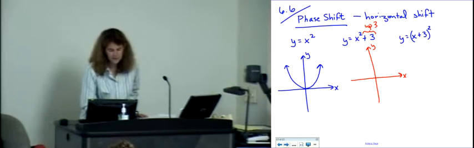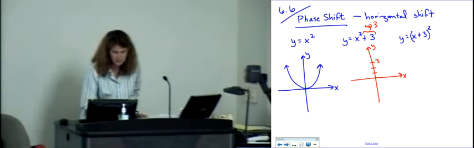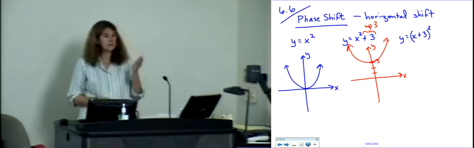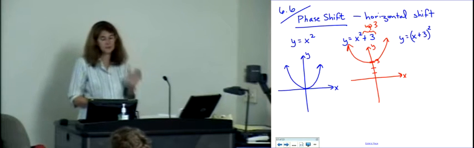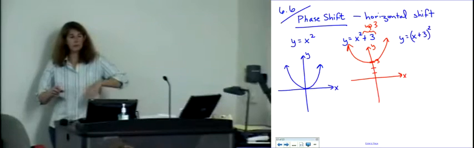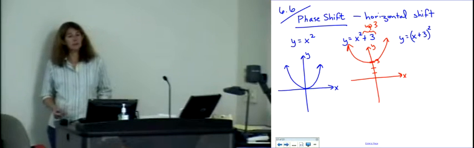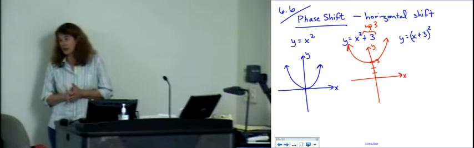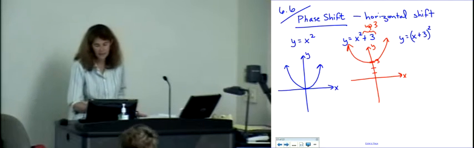Up 3. So now the vertex will be up here at 0, 3. Same parabola, moved up to 0, 3 for the vertex. So this is what we've seen so far. We have a function, we add something to it, then we shift the graph up that many units.